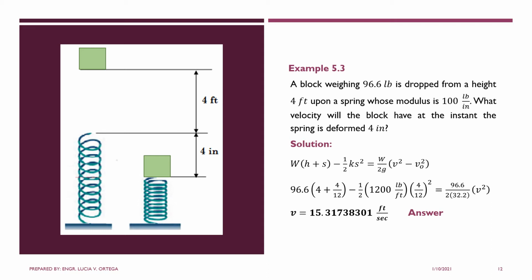Convert this to feet: pounds per foot, you have to multiply it by 12. So it's 1,200 pounds per foot, multiplied by the distance 4 over 12 in feet squared, equals W over 2g. Drop from the height, so initial velocity is 0, times V squared. From that, you can solve for the velocity of the block at this point when the spring is deformed 4 inches.